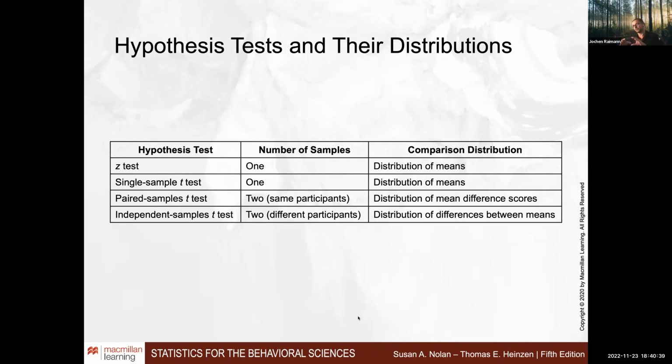Now it's different. Now we have 2 groups that are entirely different participants. These are 2 independent samples that are being compared to each other. Now we're comparing these 2 means by testing the distribution of the differences between the means of these randomly drawn samples, and estimating the difference based on the assumption that these differences will vary according to the distribution in the sample.